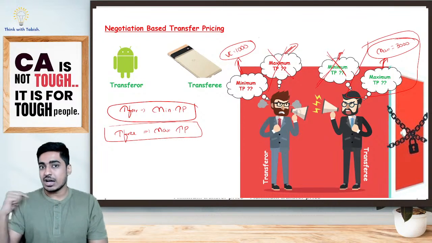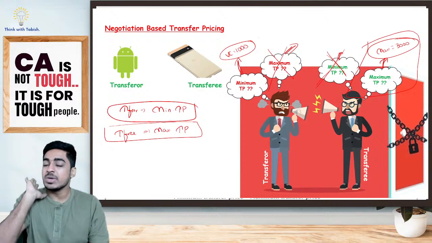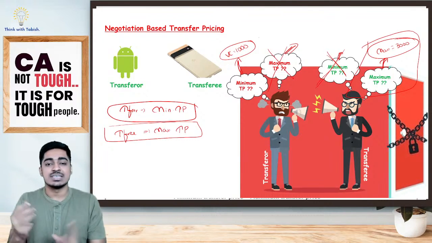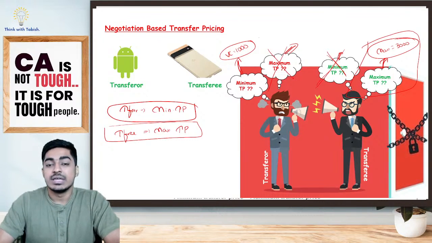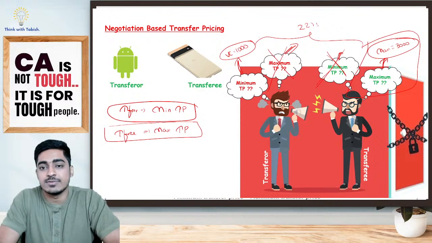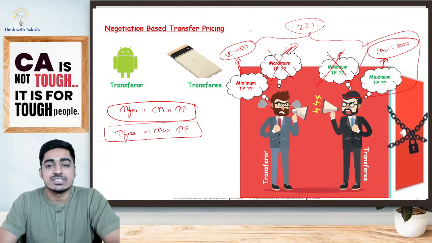The transferee keeps in his mind, outside I will get it at 3,000, so maximum I can pay 3,000, more than that I cannot. Now they fight, argue, discuss, and ultimately come to a transfer price. Say for example, they agree 2,275 will be the transfer price.